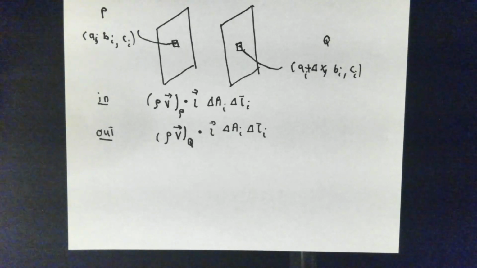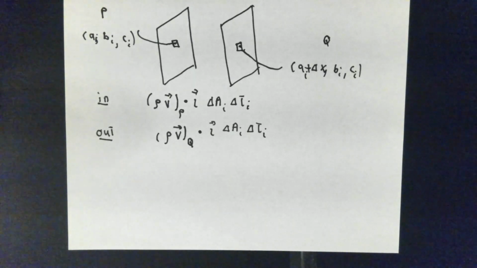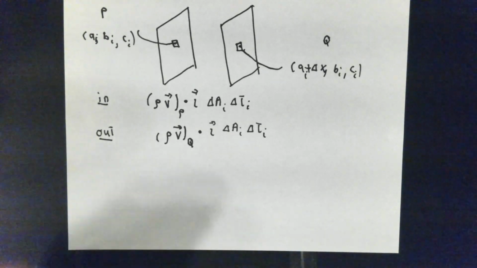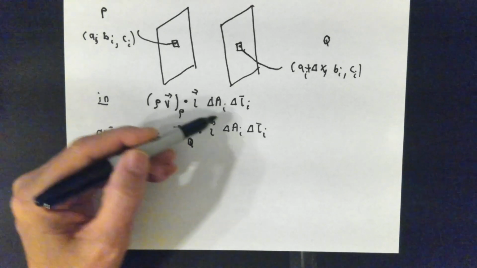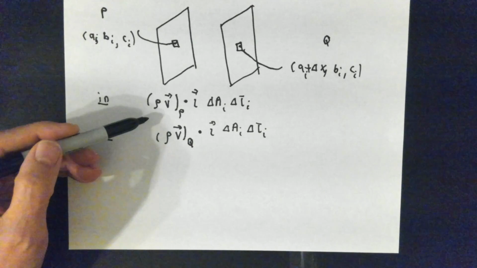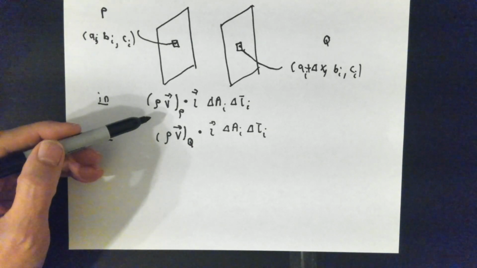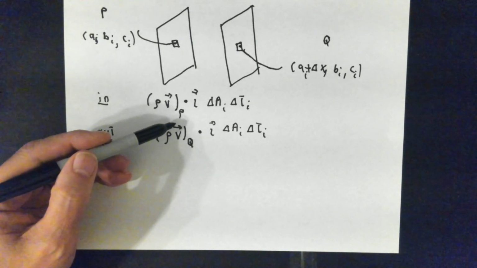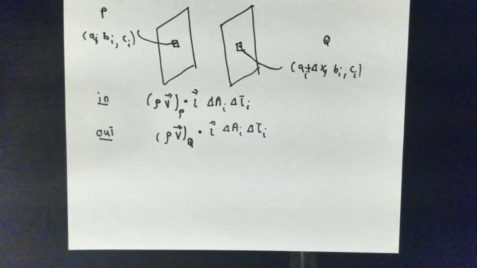I'm thinking of particles that are flowing more or less to the right. So flowing inwards per amount of area per amount of time, I'll have the mass density times the velocity vector evaluated at point P. The velocity vector for dust is constant. The density need not be, though.